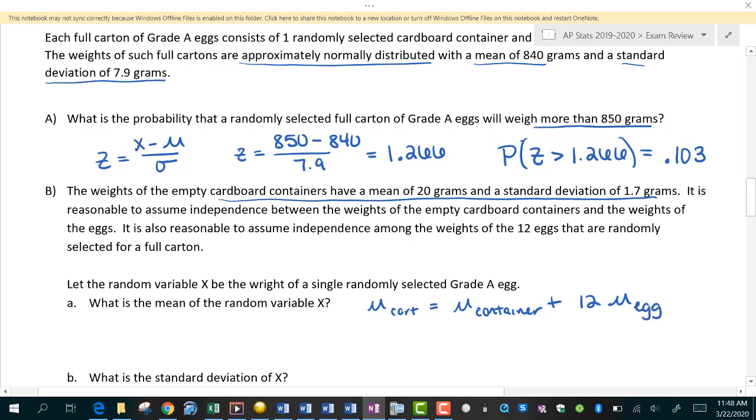And that's what we're looking for, the mean of one single egg. We know the mean of the entire carton is equal to 840 grams. The mean of the container they just told us was 20 grams, and we need to figure out the mean of an egg. So I'm going to pause the video, do my algebra, and then we'll talk through the rest.